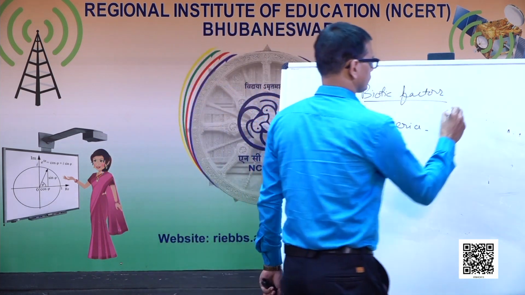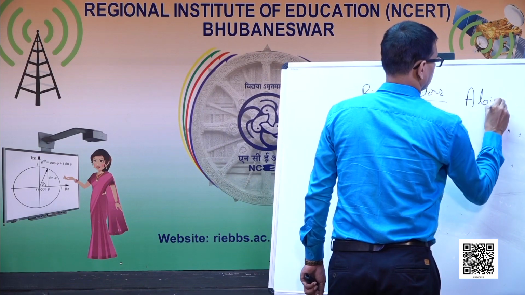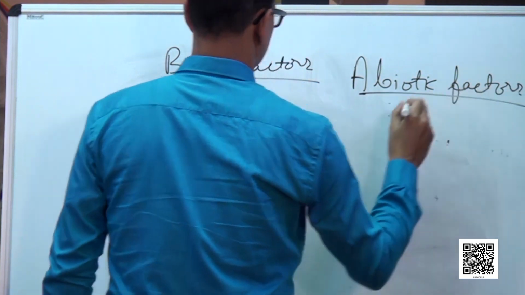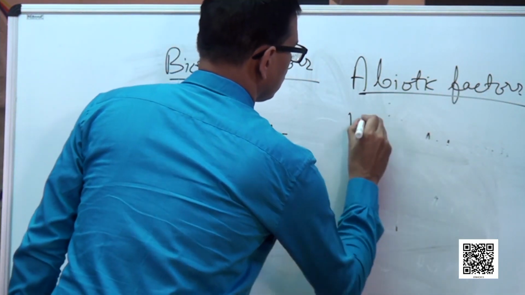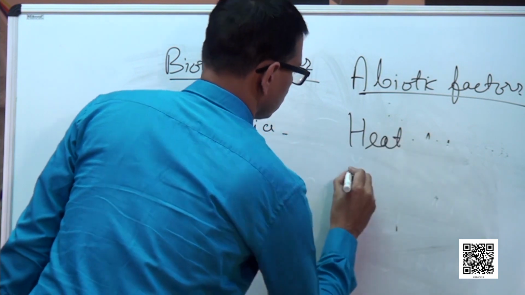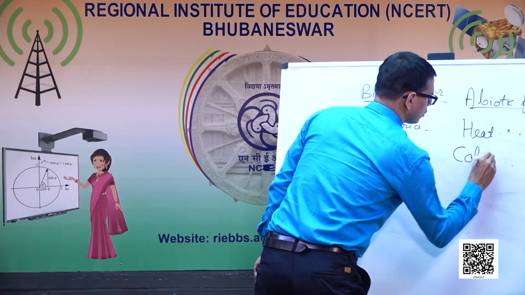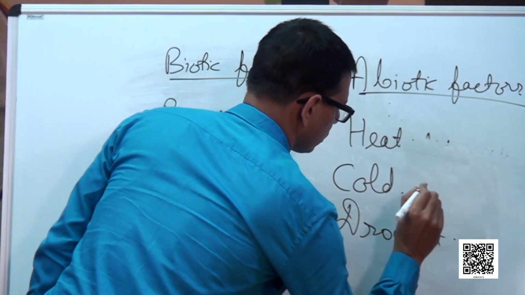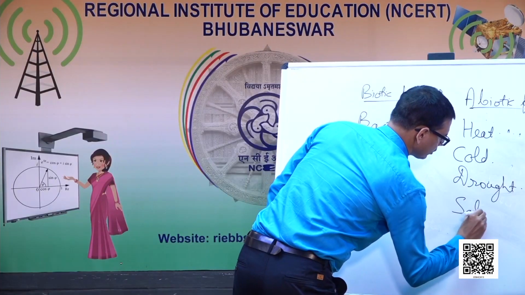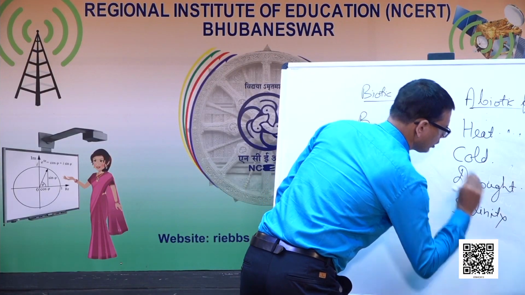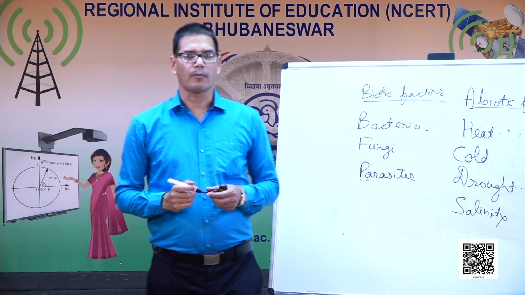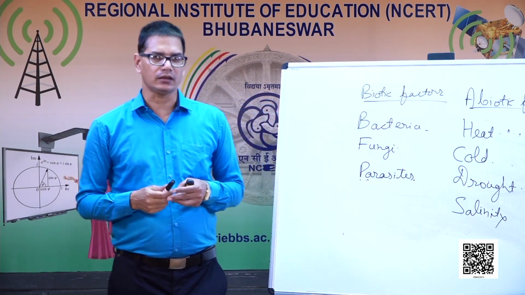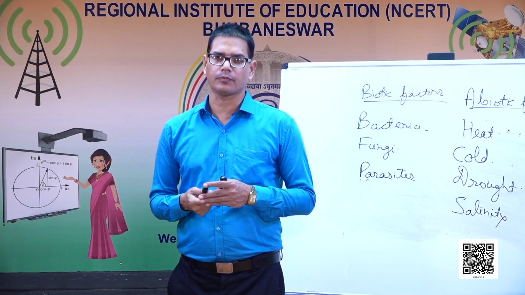Abiotic factors, they are heat, cold, drought, salinity, etc. And these biotic and abiotic factors have an impact on reducing the production of the crop.